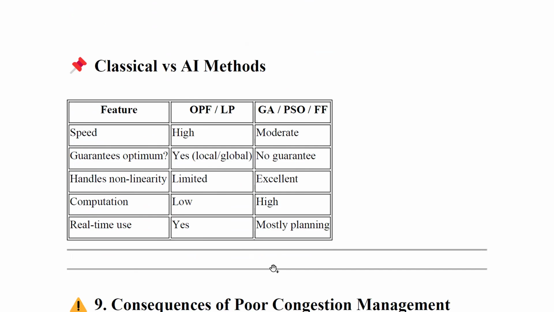Next comes the classical optimization techniques versus the AI-based methods for congestion management, which we are going to analyze based on features such as fast and slow. On the classical optimization scale we take optimal power flow and linear programming. On the AI scale we take genetic algorithm, particle swarm optimization, firefly algorithm, and artificial bee colony algorithm.